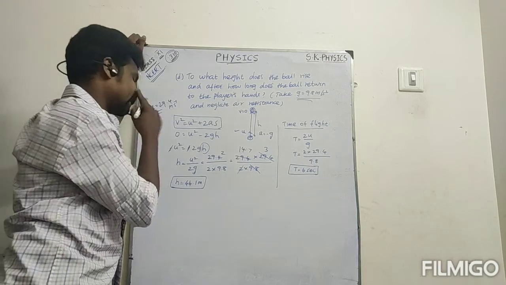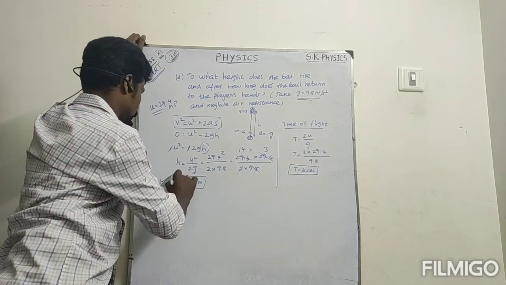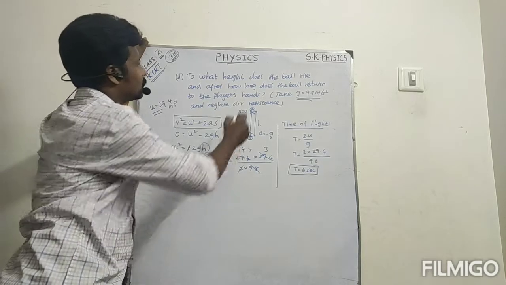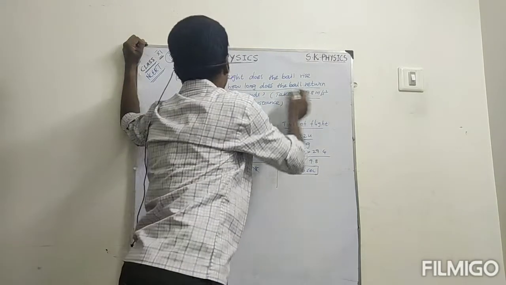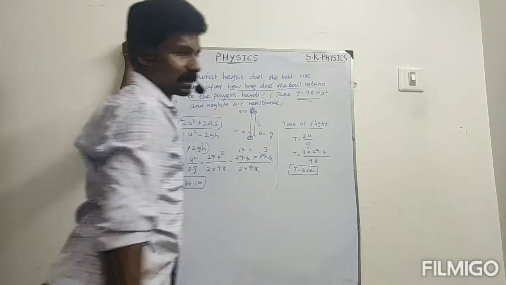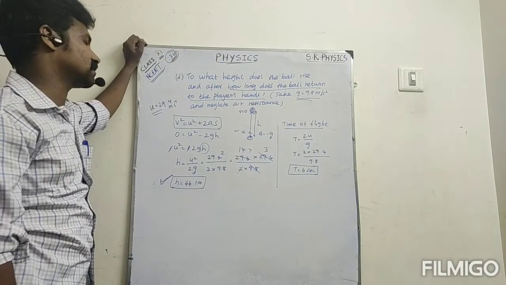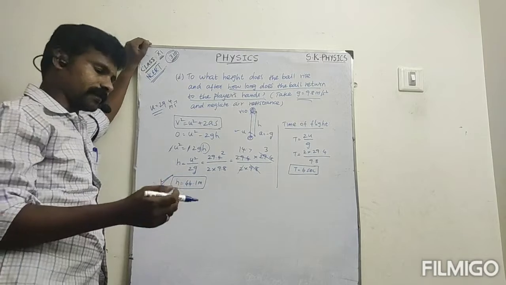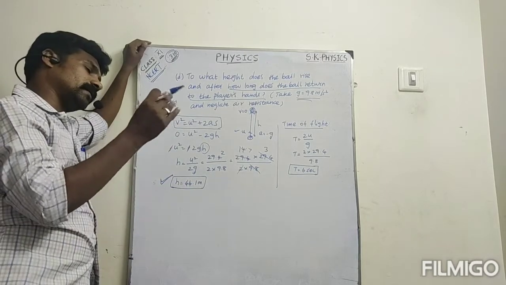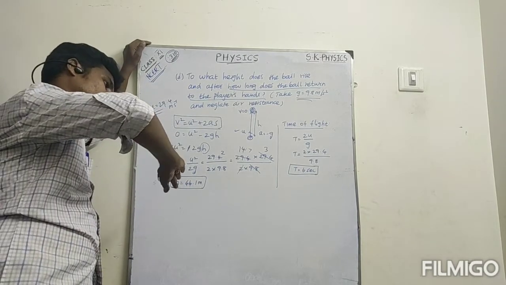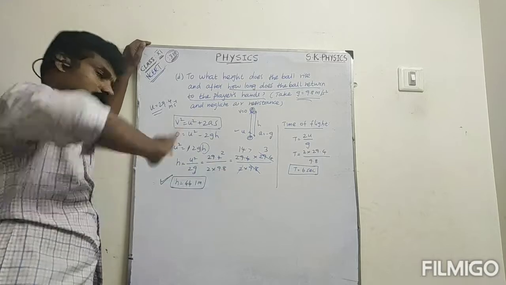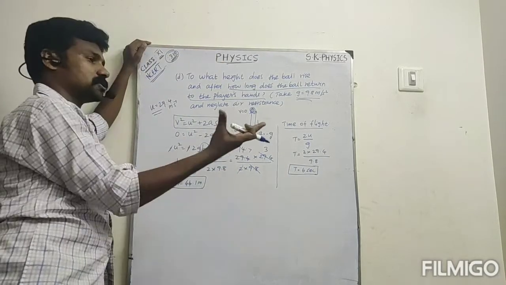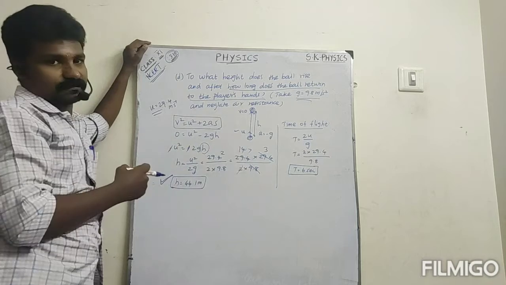Okay, right. So the first part is over. And for the second one, they are asking after how long the ball returns to the player's hand. That is the time of flight. The time of flight means the ball's flying time from the point of projection to the end point.